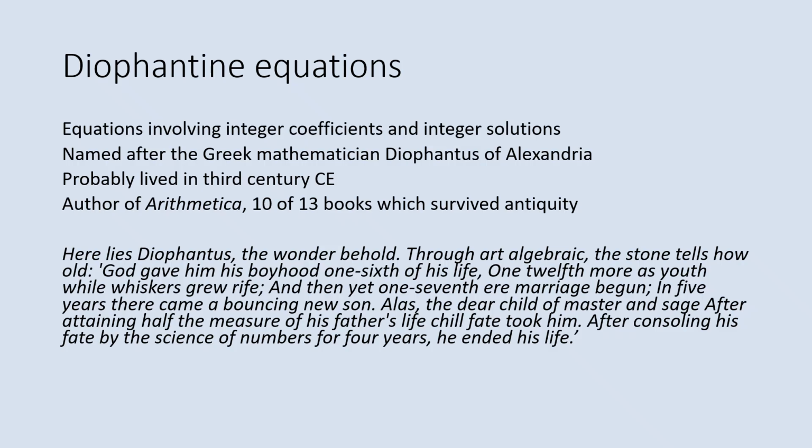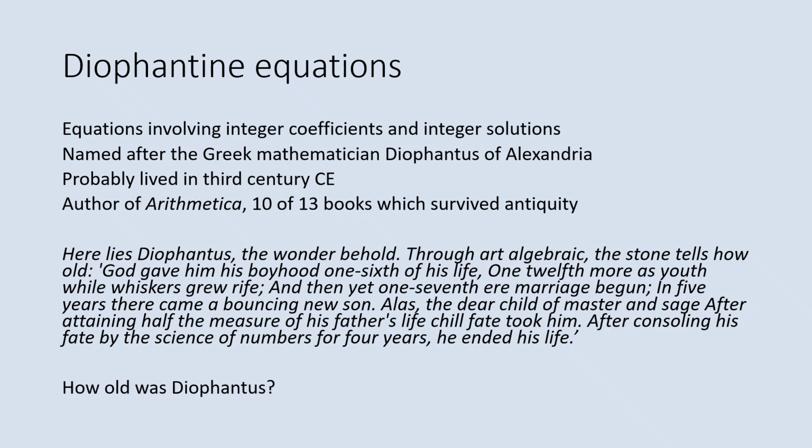And then yet 1/7 ere marriage begun. In 5 years there came a bouncing new son. Alas, the dear child of master and sage, after attaining half the measure of his father's life, chill fate took him. After consoling his fate by the science of numbers for 4 years, he ended his life. And the question is, how old was Diophantus when he died?